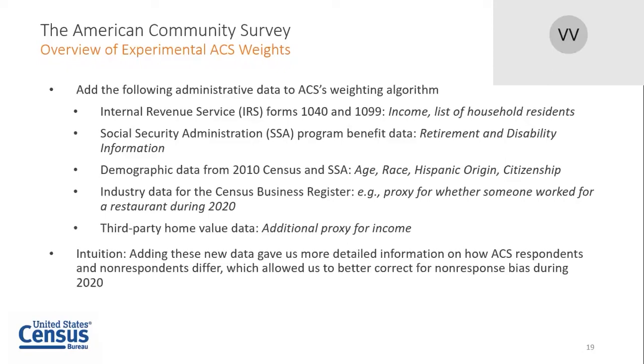And we also make use of some third-party home value data, giving us an additional proxy for income. So the summary and intuition is that adding these new data sets gives us a lot more detailed information on how ACS respondents and non-respondents differ, which then allows us to better correct for non-response bias during 2020.